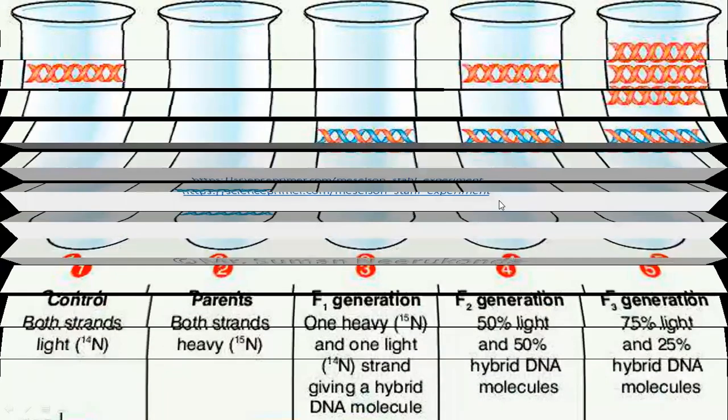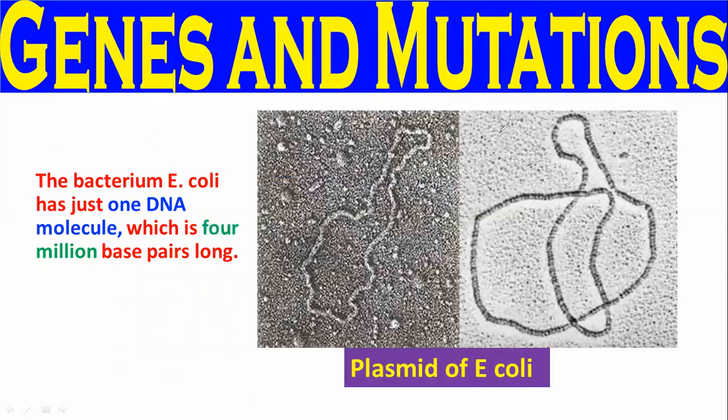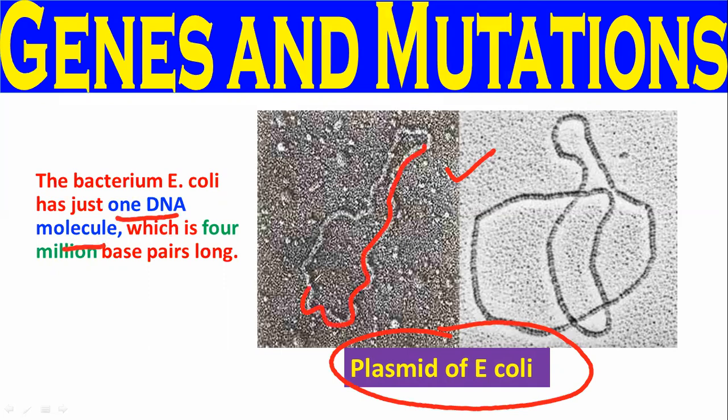Got it? Okay, so the next thing you need to remember is about genes and mutation. Now, the bacterium E. coli, you can see this is the plasmid of E. coli. We have just shown you the electron microscope image of that. This is only a single DNA molecule, this whole ring-like structure. How many base pairs long?